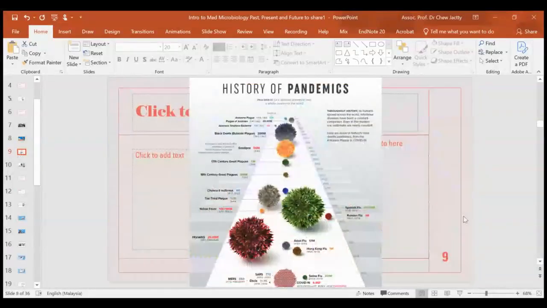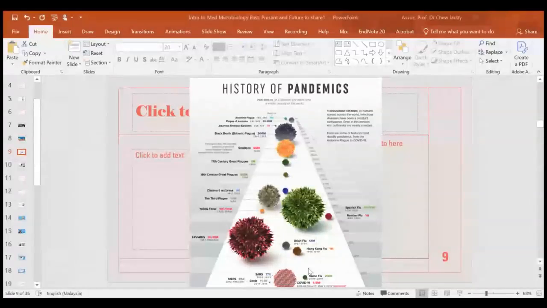Moving on, if we see the history of pandemics, you'll be able to see the original of this website and the infographic that I already put in the folder. Moving from the back to the front shows how recent it is: the further to the front, the more recent the pandemic, and the size of the dot represents the death toll. The very recent one at the front is our COVID-19.